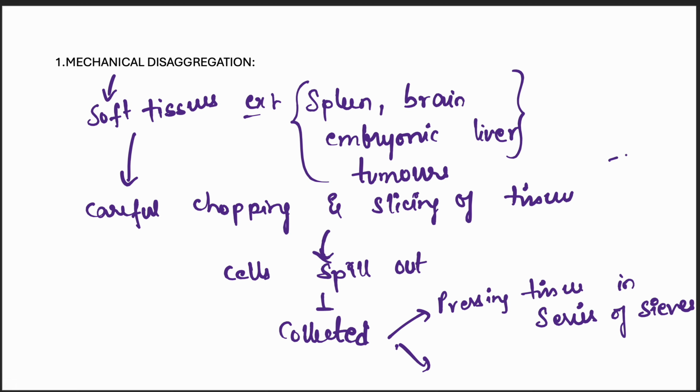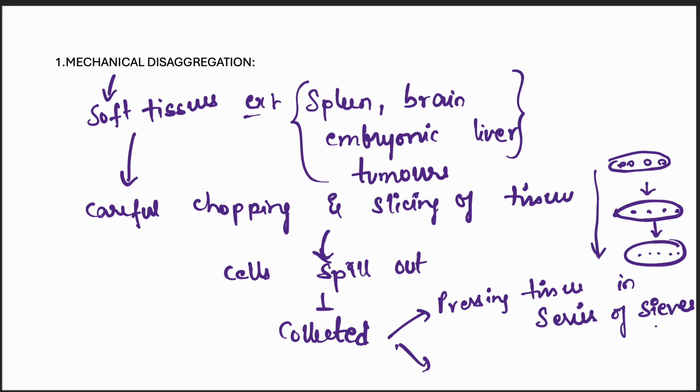The first sieve will be having bigger pore size, the next sieve will be having a little smaller, and the next sieve will be having smaller than the one before. So a series of sieves with reducing pore size will be taken and the tissues are pressed on it. While pressing the tissues in the series of sieves, cells will be coming down. These cells will be collected for the primary culture.